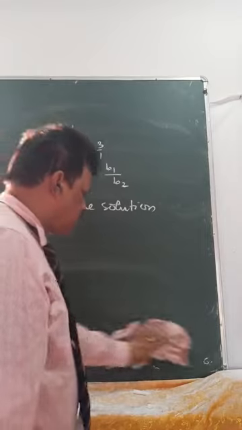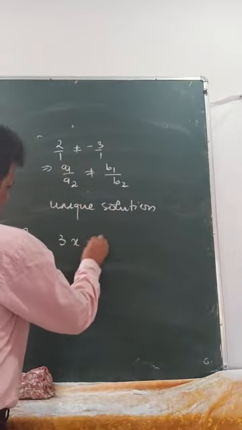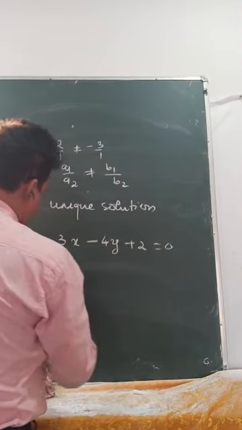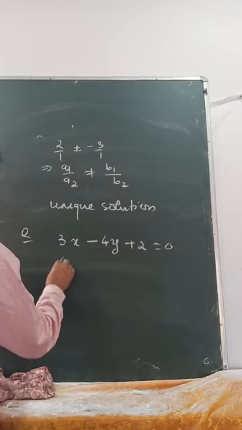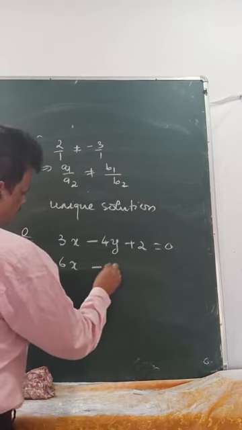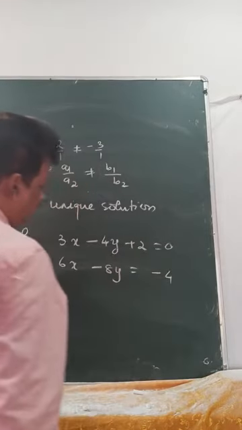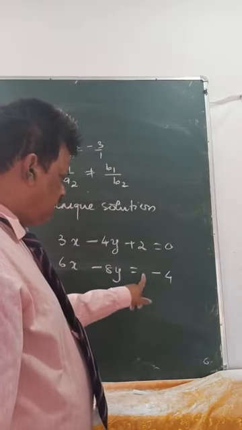Let's take one more question. Suppose 3x minus 4y plus 2 equals 0. Then 6x minus 8y equals minus 4. So look at here, c1 is on the left side, c2 is on the right side.